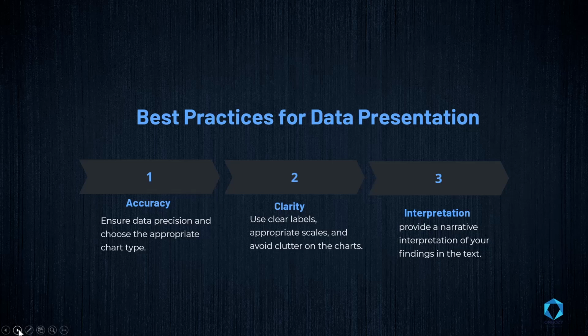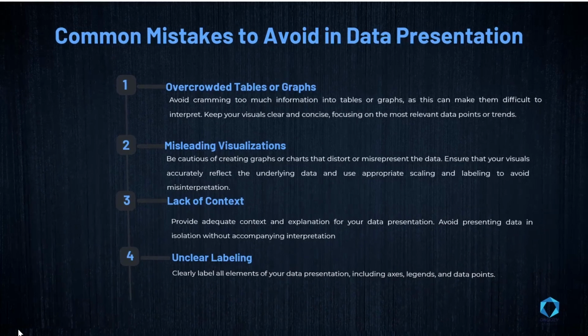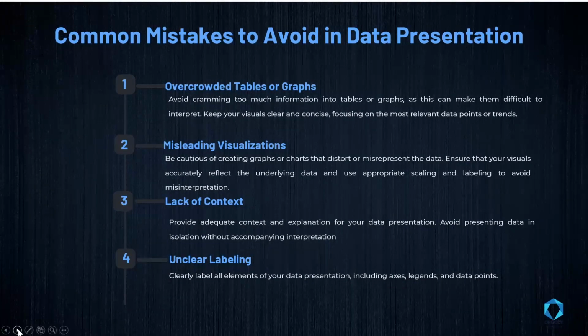Provide a narrative interpretation of your findings in text. You don't just present a chart or a figure or a diagram. Also, interpret that diagram using a narrative. You say the figure below represents ABCD. Maybe you're talking about the gender of the respondents. You explain what is in the figure.